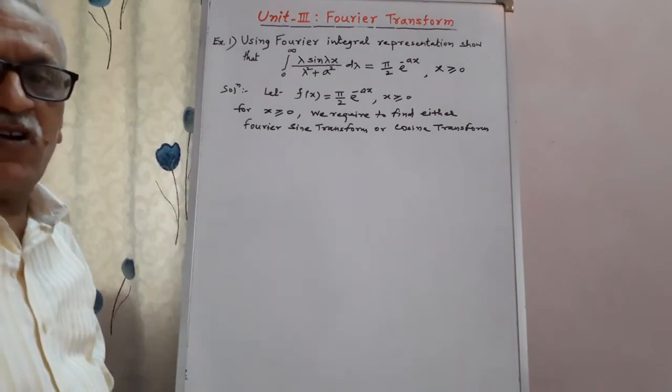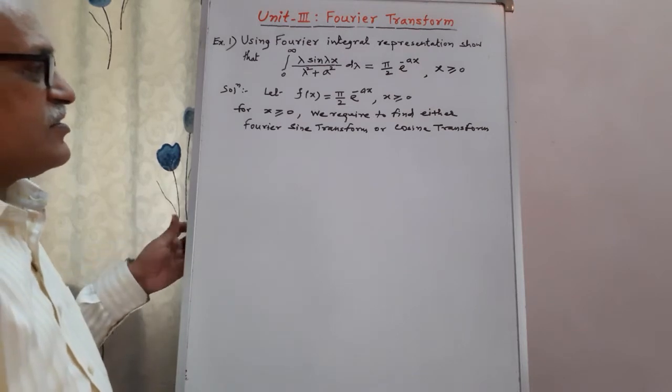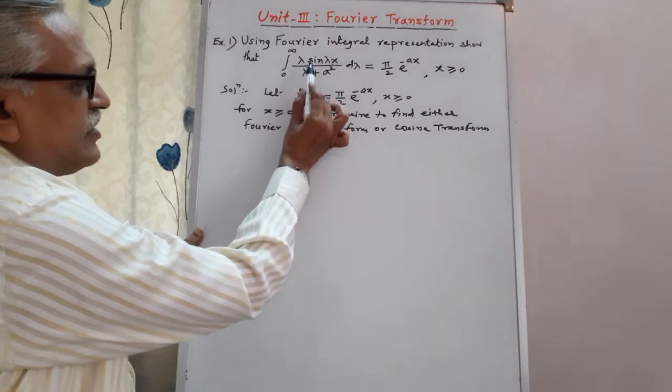We have to obtain either the Fourier sine or the Fourier cosine transform, and to know that we have to see the term inside the integral.